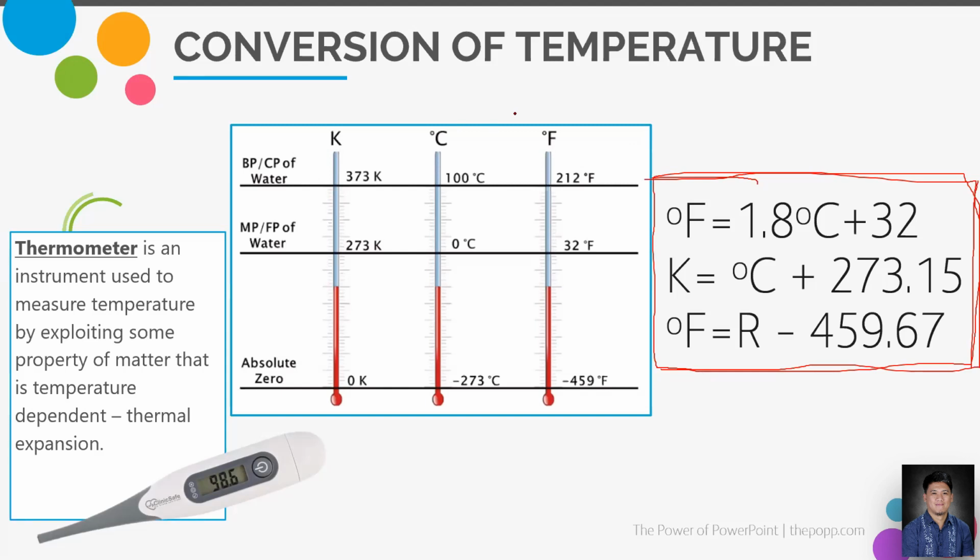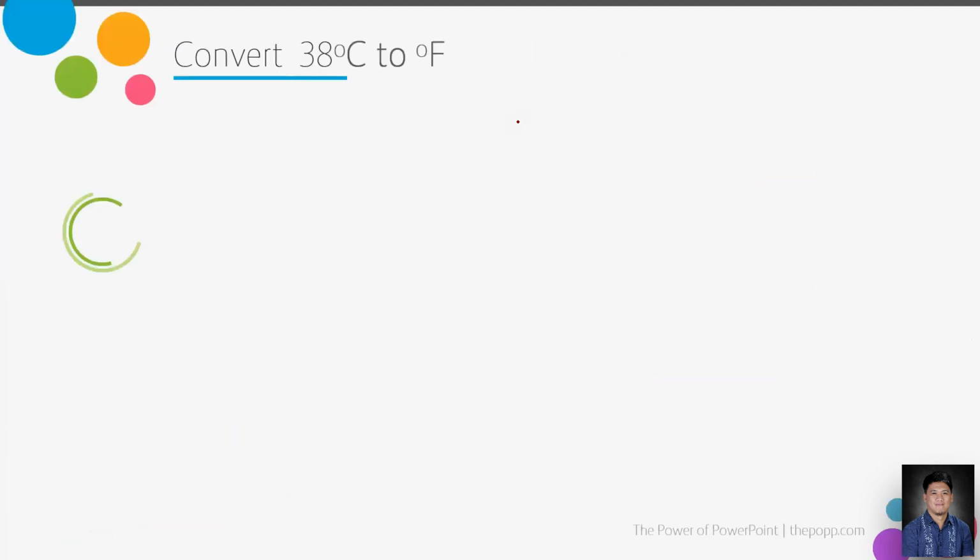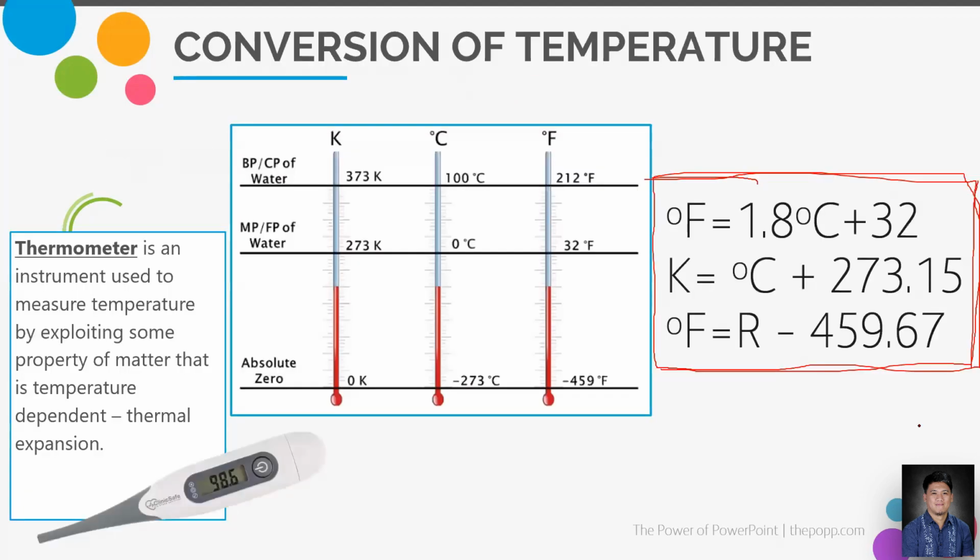So let's try to convert some temperature into another scale. So let's start first with converting 38 degrees Celsius into degree Fahrenheit. So since from Celsius to Fahrenheit siya, yung pipiliin natin is yung equation na pwede nating magamit, based dito sa tatlo. So since ang hinahanap natin is Fahrenheit, then ang given is Celsius. So itong first equation ang gagamitin natin.